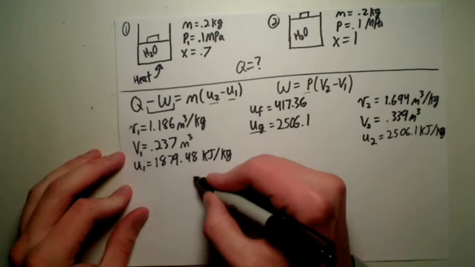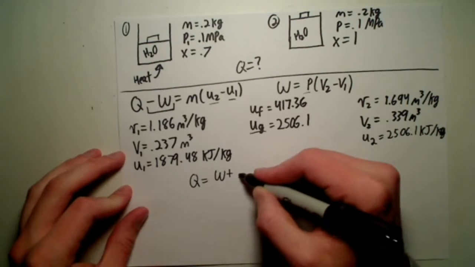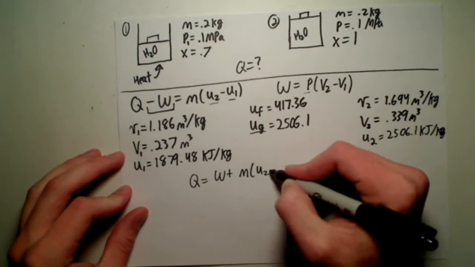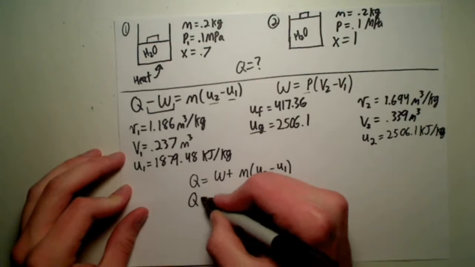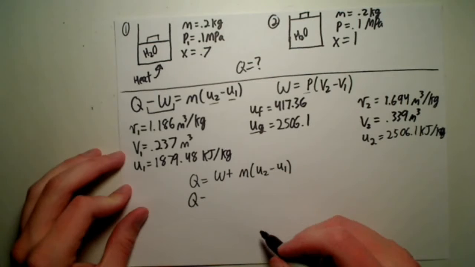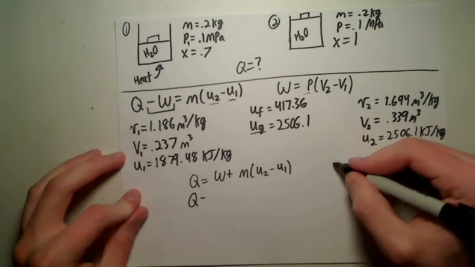So let's solve for Q. Q equals work plus mass times U2 minus U1. So Q, oh wow, I jumped the gun there, didn't I? We have to find out what work is.